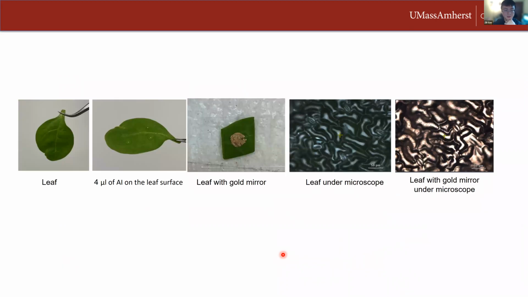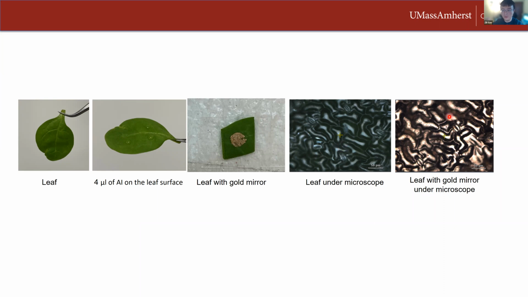And this is how the procedure works. We have spinach and we have a few droplets of the pesticide. And after air drying, we drop a gold mirror on top of it. And as you can see, this is the leaf under the microscope without a gold mirror.